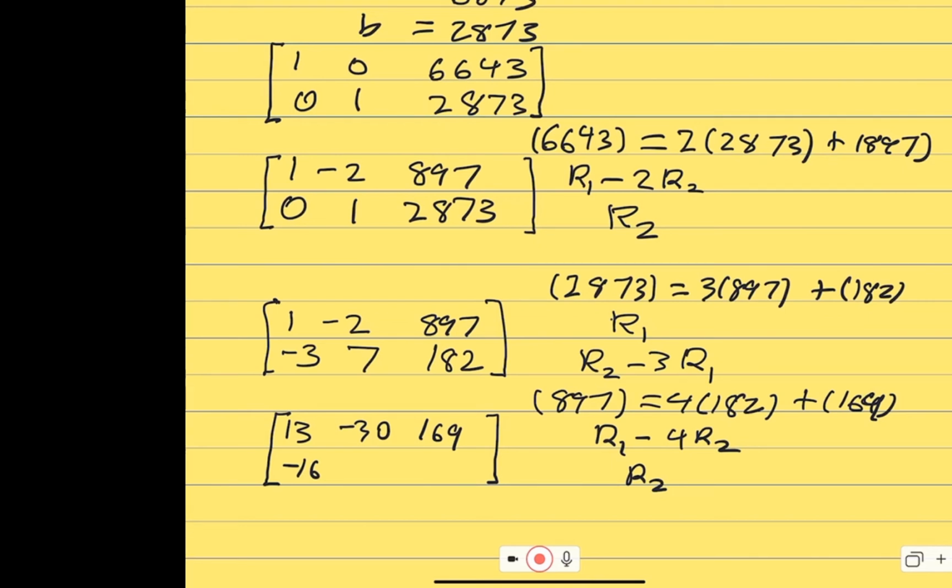And then row 2 stays the same, so that's going to be minus 3, 7, 182.